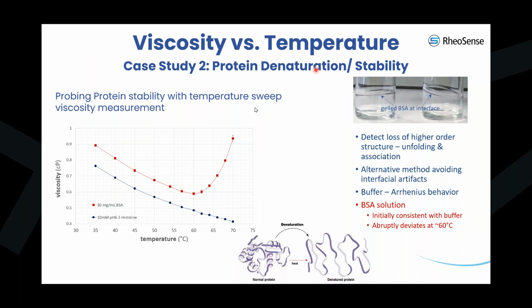Also, for example, the kinetics of gelation. We did some experiments on gelatin, because gelatin also forms a gel at lower temperature, but it is time dependent. So we could measure that kinetic observation with viscosity measurement.